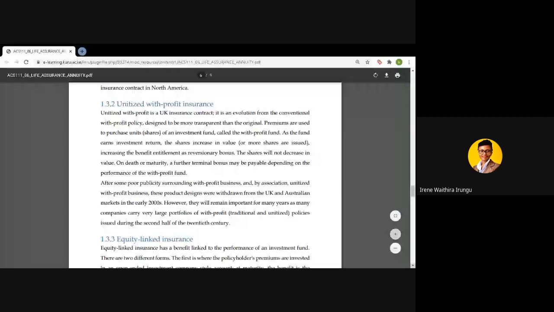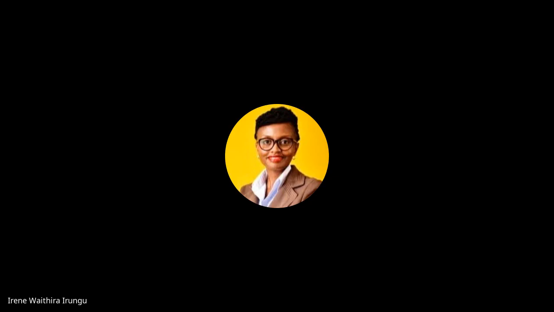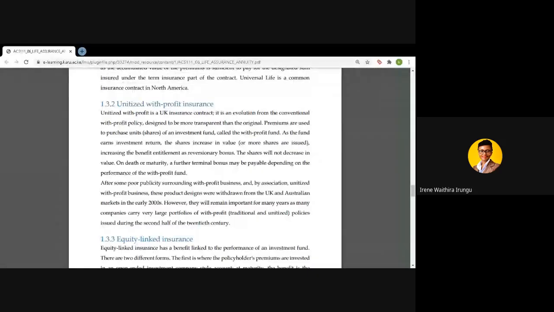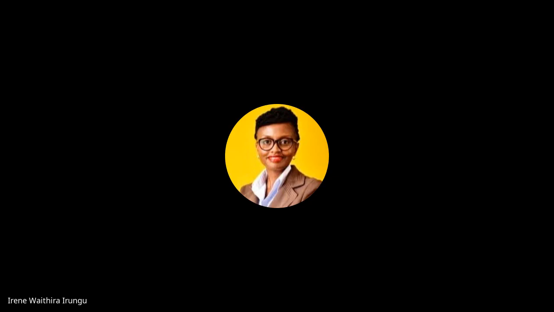Remember, in this case, so many people will be purchasing these same contracts. We'll be pooling our resources, and the proceeds obtained will be invested in a pool of funds. So it is not that it is buying a particular stock, but rather an investment pool, and the investment pool can contain different types of financial assets.